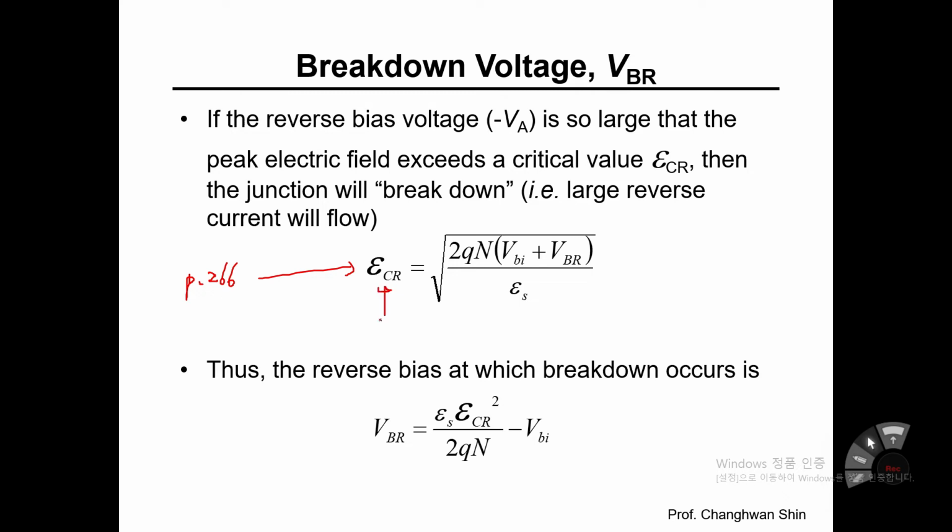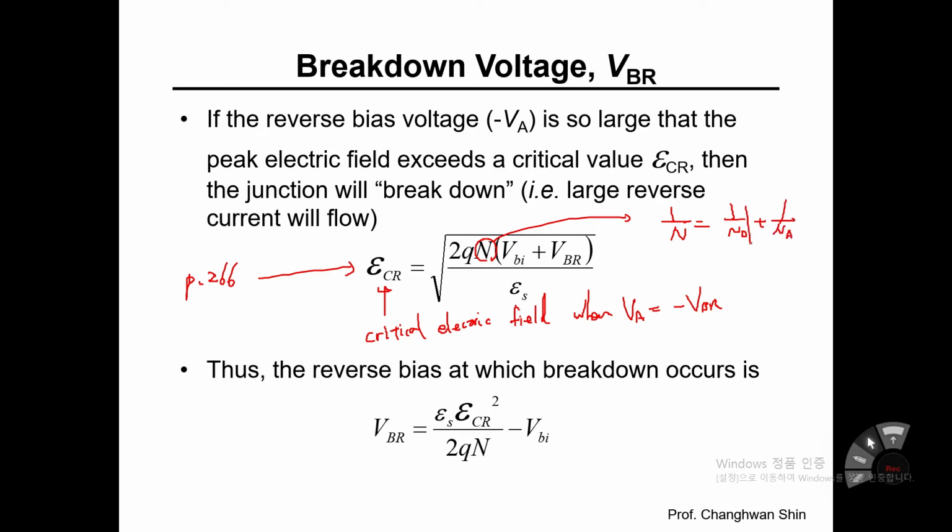Okay, so this is the critical electric field when the applied voltage is identical to the breakdown voltage. And herein, N is defined by 1 over N equals 1 over N sub D plus 1 over N sub A. Definitely N sub D is the donor concentration in the N side, and N sub A indicates the acceptor concentration in the P side.